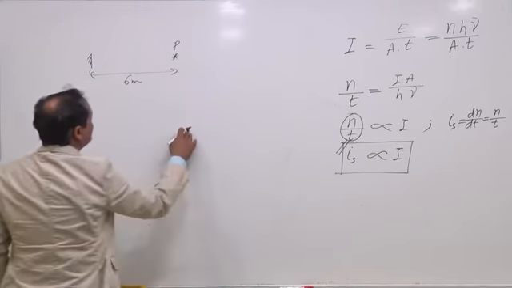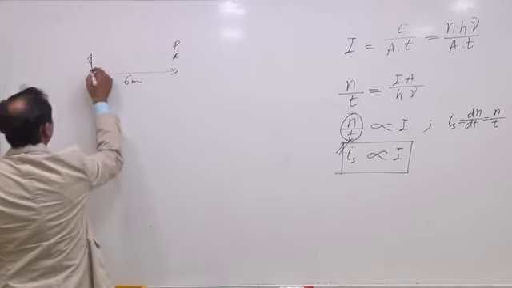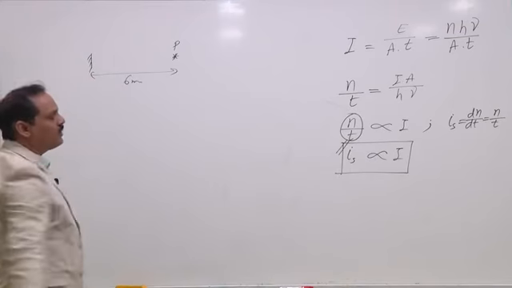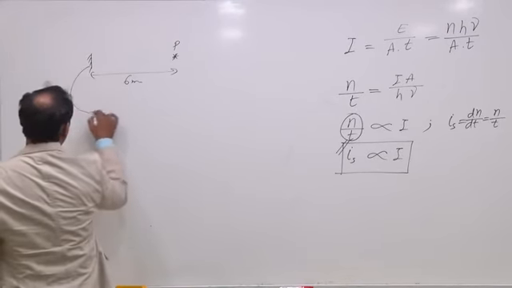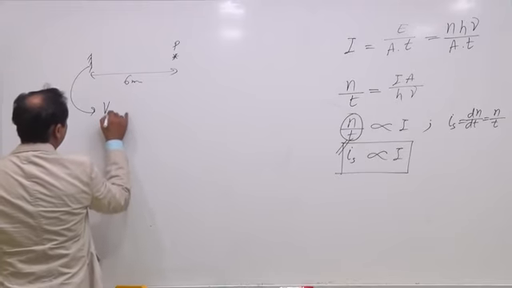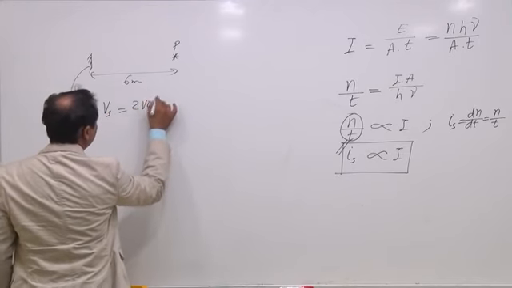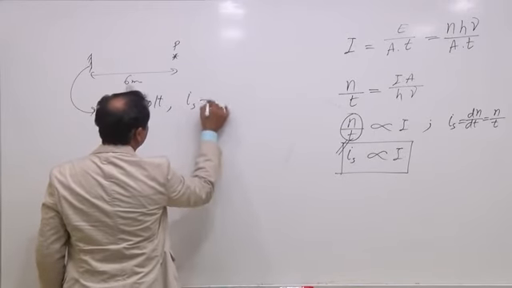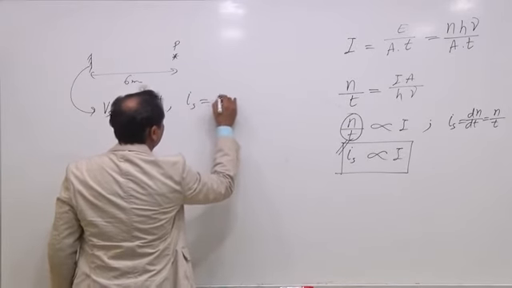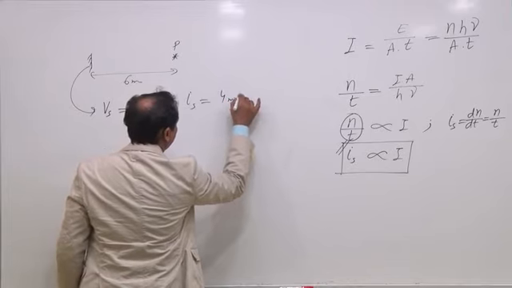This is a point source of light and the plate of the phototube is at a distance of 6 meter. In this situation, the stopping potential is found to be 2 volt and the saturation current is found to be 4 milliampere.